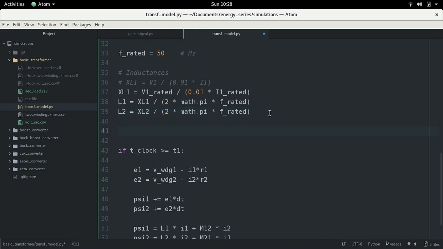So therefore, let me write this comment. L1 is equal to Lm plus LL1, where LL1 is the leakage inductance of this transformer. This is the amount of flux that leaks into the air and does not go in the core, right? And the same goes for the second winding also.